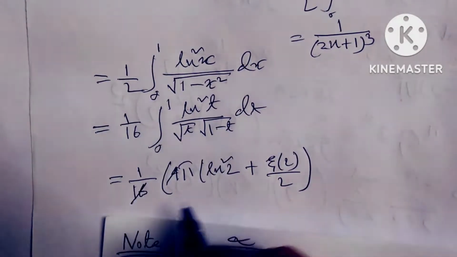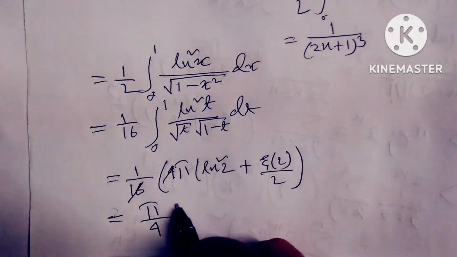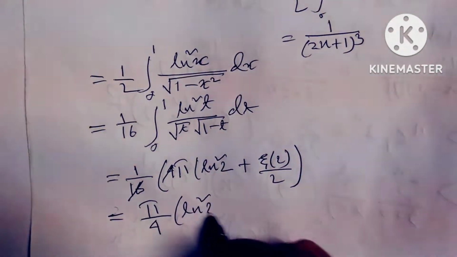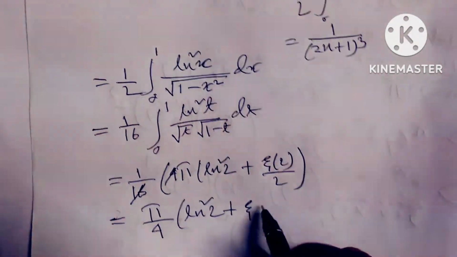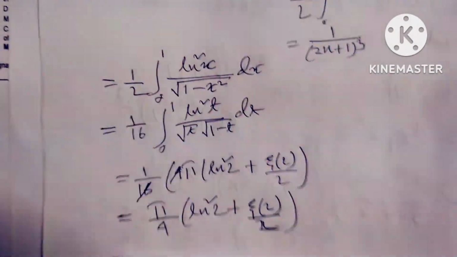So this portion is cut, so I get pi by 4 ln square 2 plus zeta 2 by 2. So this portion I get.